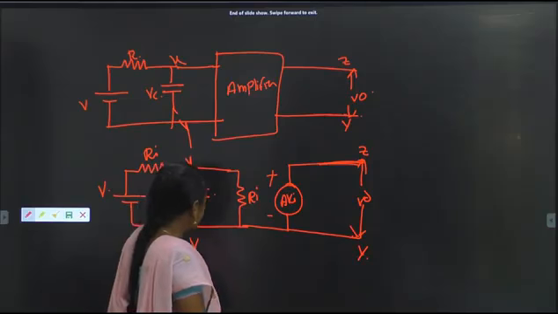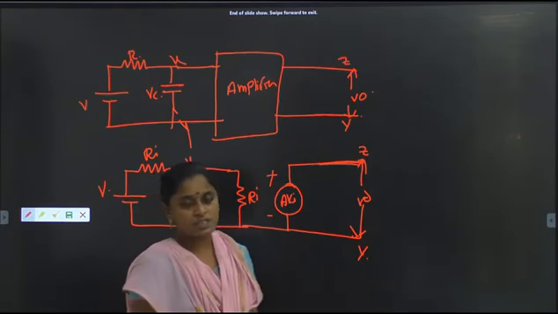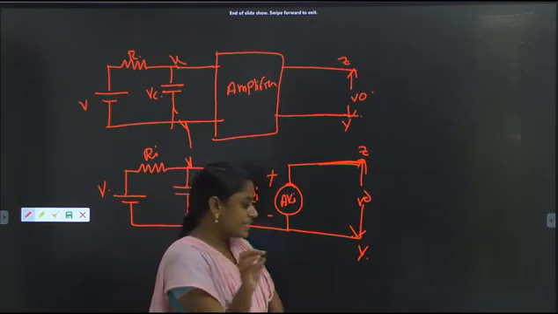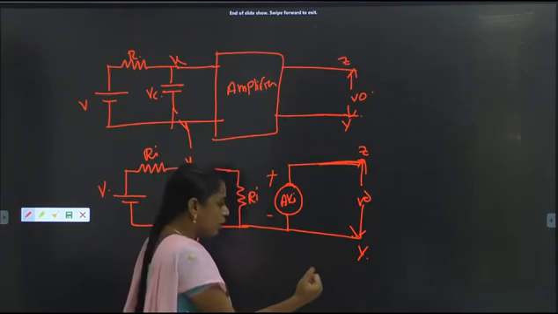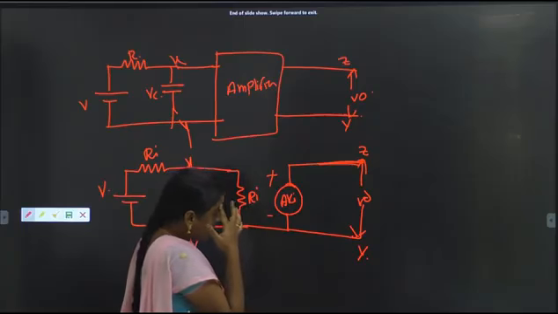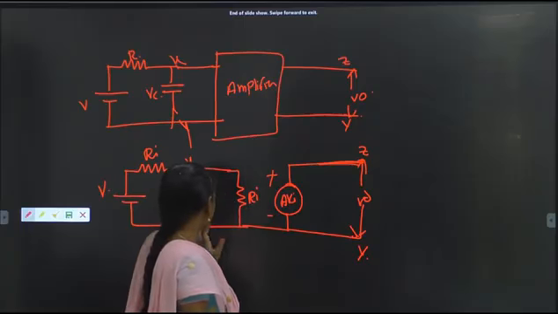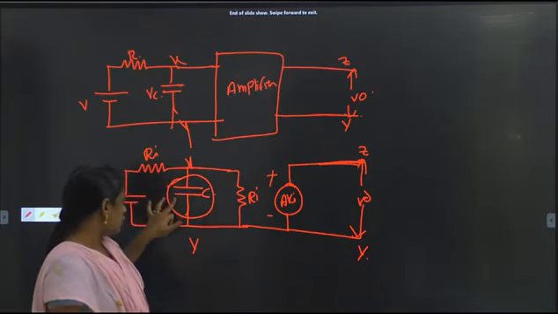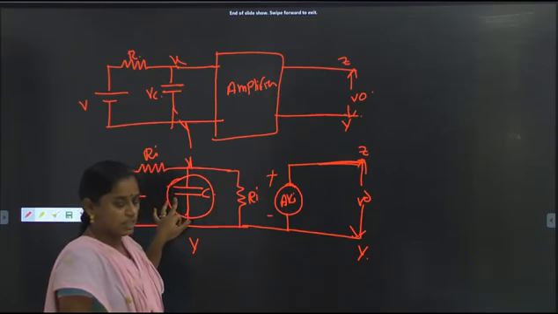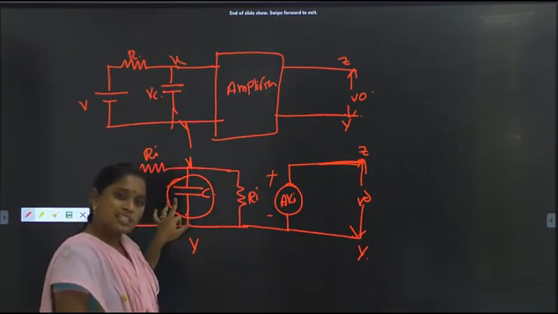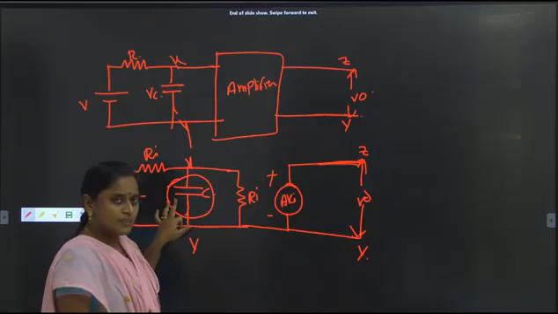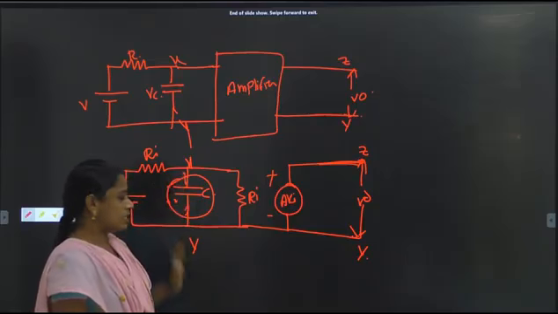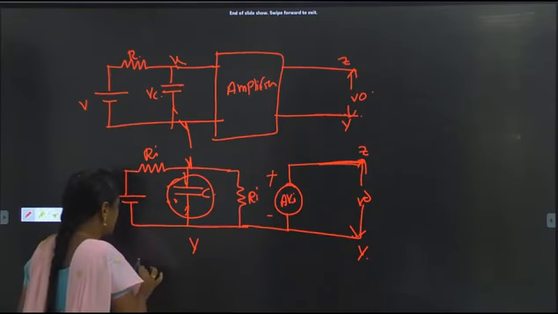The sweep speed error is found at the steady state condition, that is, t is equal to infinity. At steady state condition, the reactance offered by the capacitor is infinite. So the capacitor is replaced with an open switch, and we eliminate this capacitor, and the circuit will be like this.